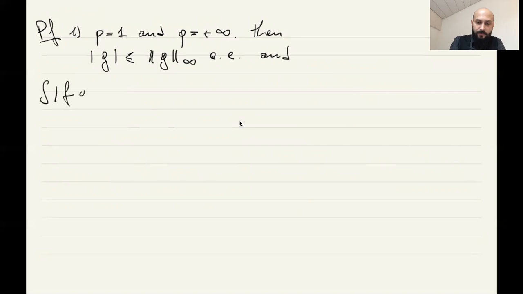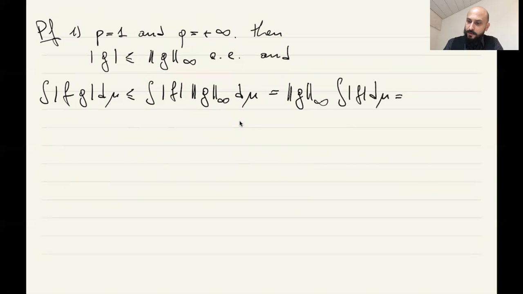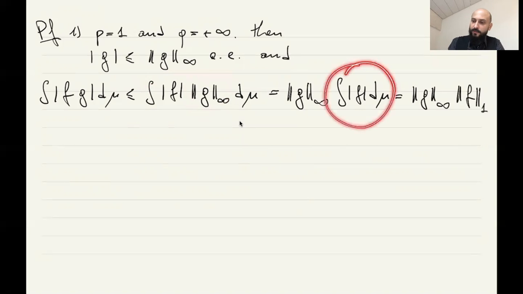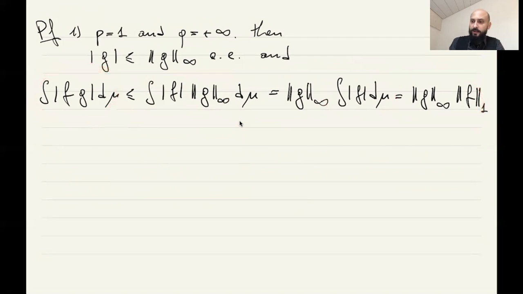Therefore, the integral of fg dμ one can bound as the integral of absolute value of f times the essential sup of g dμ. Now this is a number, so we can move it outside. This is the infinity norm of g times the integral of f dμ, which is the L1 norm of f. So we obtain the desired inequality.